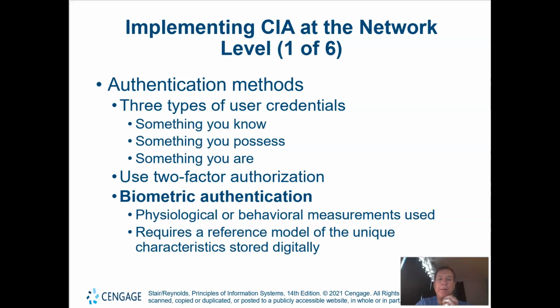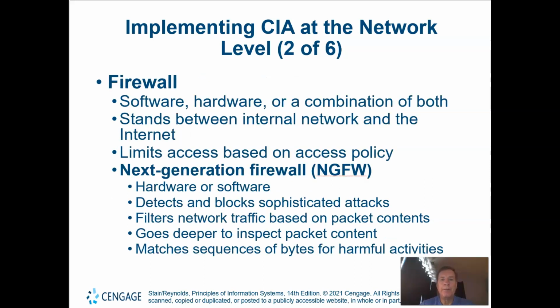Okay? But as I mentioned, something you are would include biometrics, right? Facial features. I use facial recognition to access my home computers, for example. Something I am that cannot be replicated by others. Now, in addition to authentication, you might want to add firewalls, right?